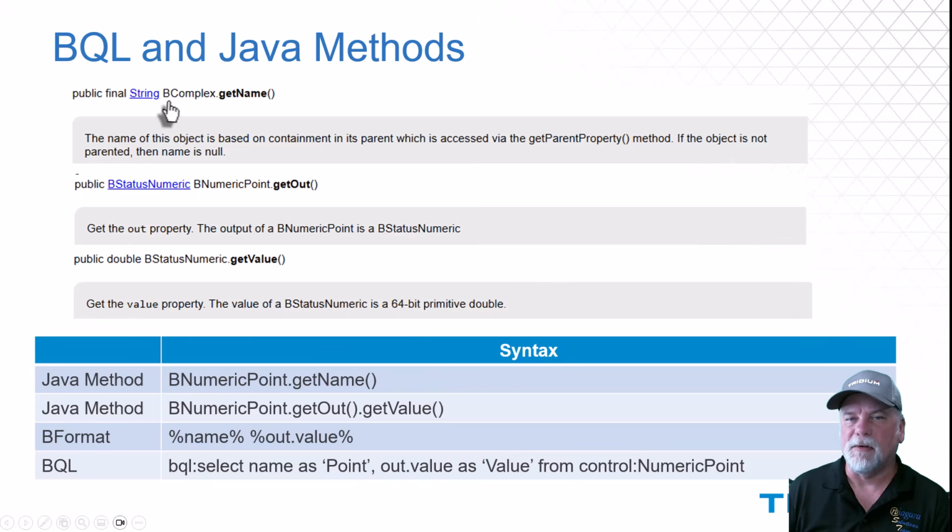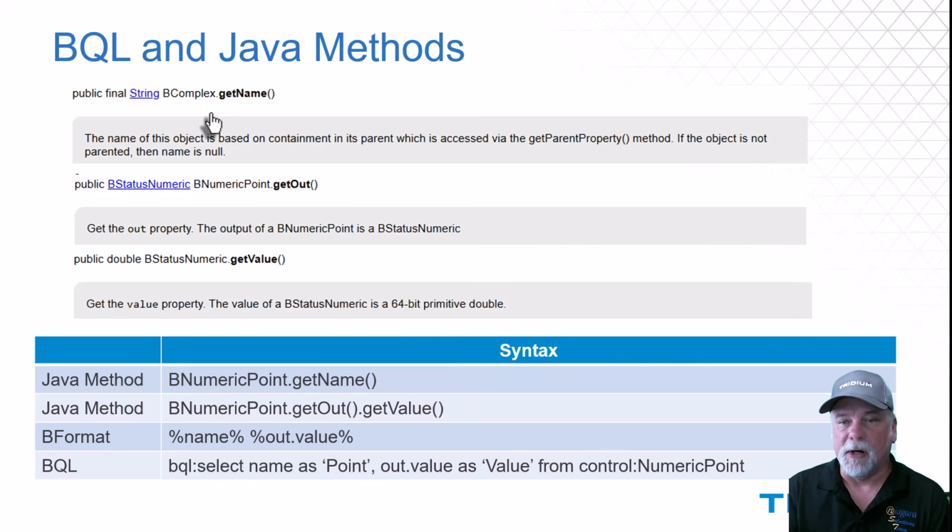There's a Java class called BComplex, which is a fairly abstract class in the framework that most things extend from. At that high level is where the getName method exists. That's a public method that returns a string, and you drop the get, lowercase the n, and get rid of the parentheses. So that just becomes %name% in BFormat, or when we're talking about BQL, it just becomes name.